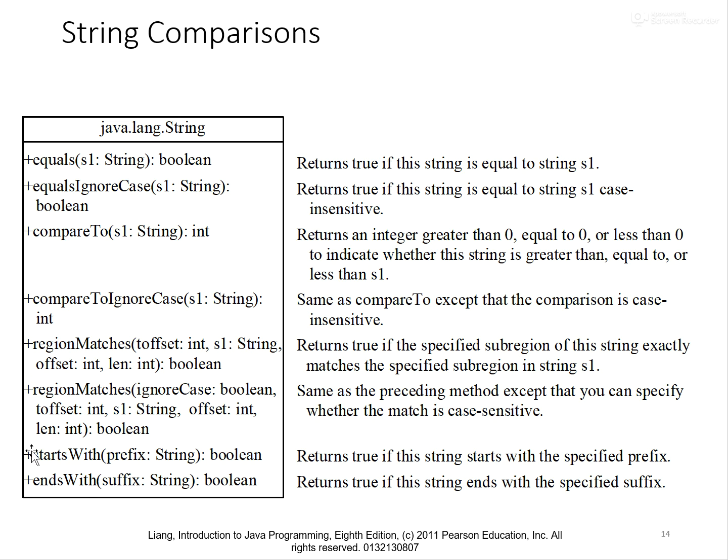Let me show you another two: startsWith and endsWith. StartsWith returns true if the string starts with a specified string. This looks for the string in the argument at the beginning of the string. EndsWith looks for the string you provide in the argument at the end of the string. What do I mean by that?